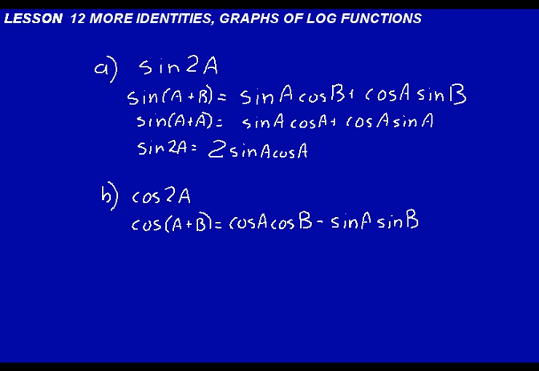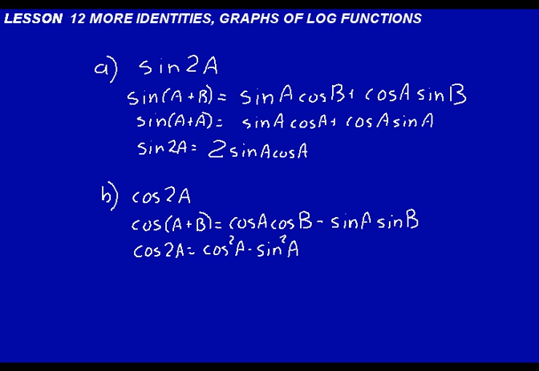If we're doing that cosine A plus A, or cosine 2A, we'd say cosine 2A is equal to cosine squared A minus sine squared A. So there's an identity for cosine 2A.